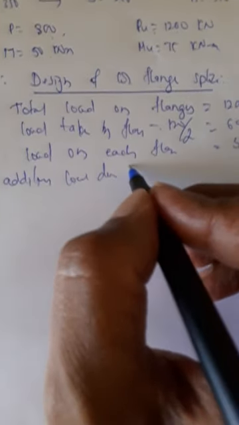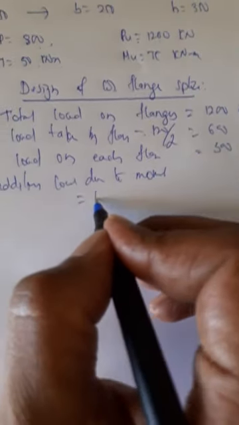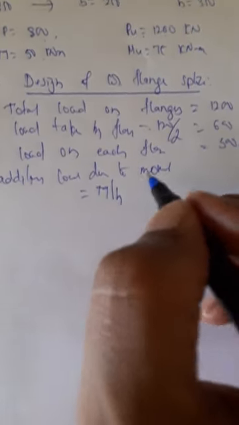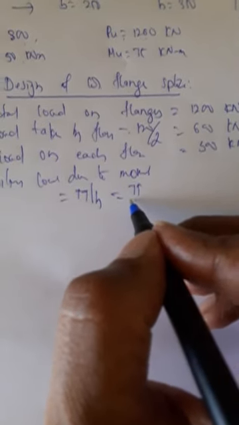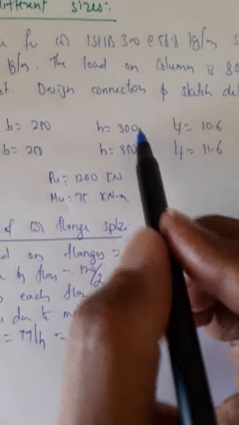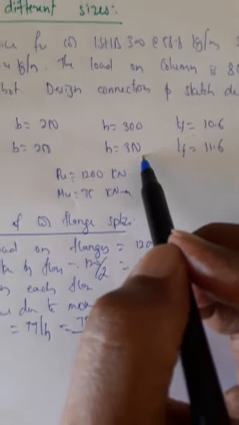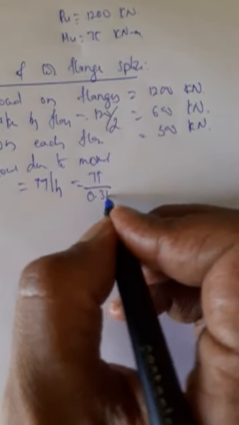Now additional load due to moment is equal to M divided by H. So moment is given as 75 kilonewton meters divided by H. So here there are two values of H, 300 and 350. Consider the higher bottom moment. So 75 divided by 0.35.